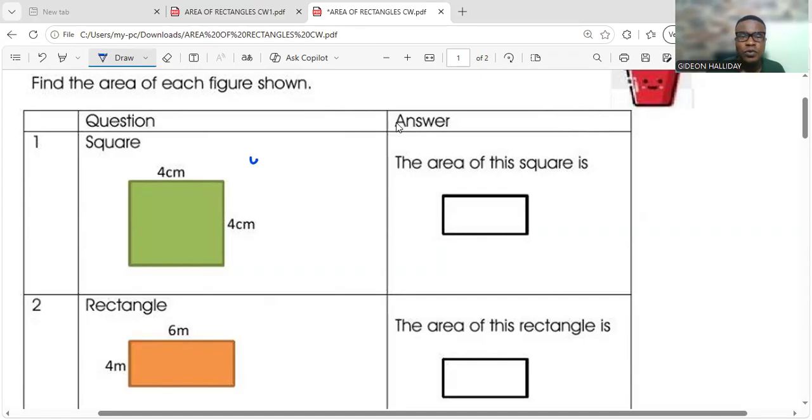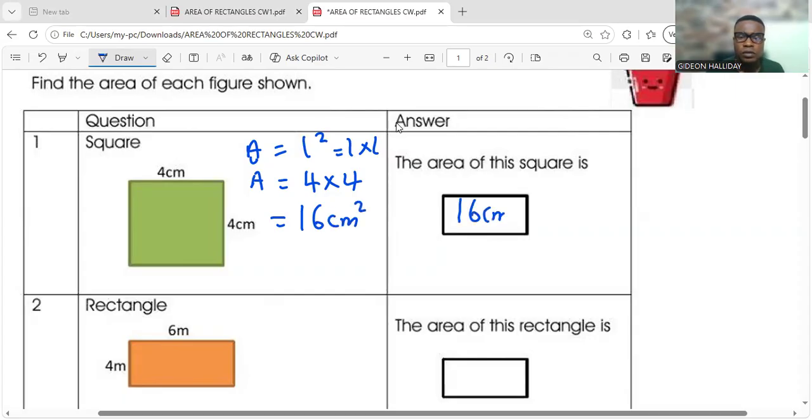Remember, area of a square is L squared, which is L times L, where L here is 4. So 4 times 4 equals 16, 16 centimeters square. Easy peasy, right?